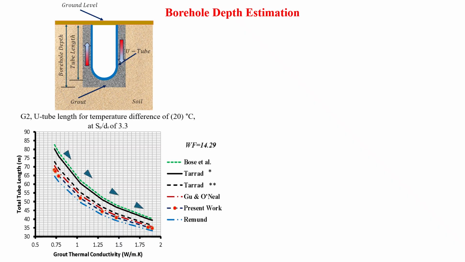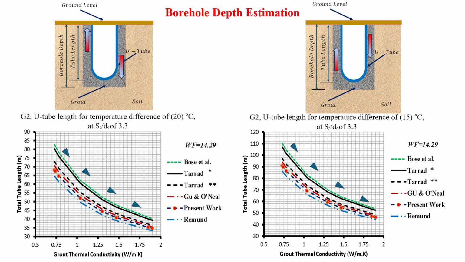For this part, we have used a temperature difference of 20 degrees Celsius for geometry G2, and we have also examined the heat exchanger length where the temperature difference was 15 degrees Celsius. Of course, increasing the temperature difference between the condensate and the soil will produce lower depth and lower heat exchanger length.